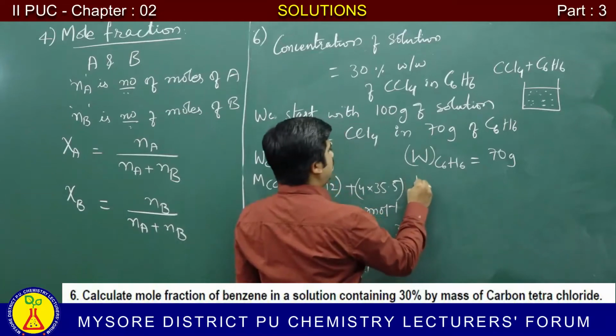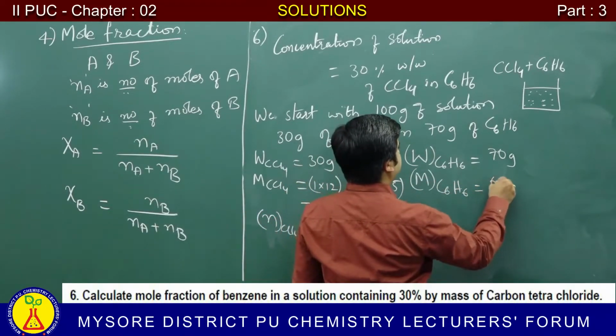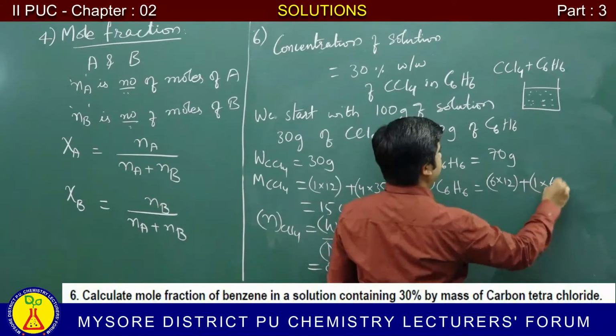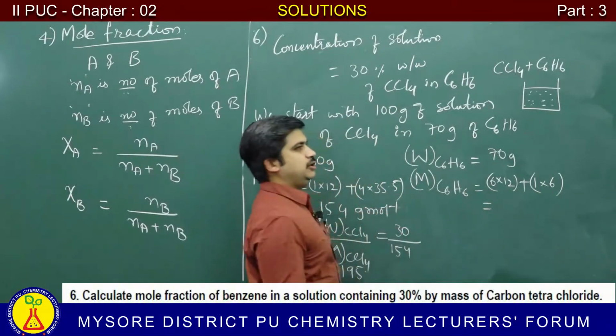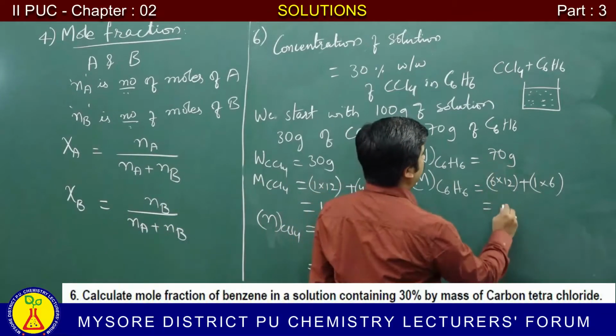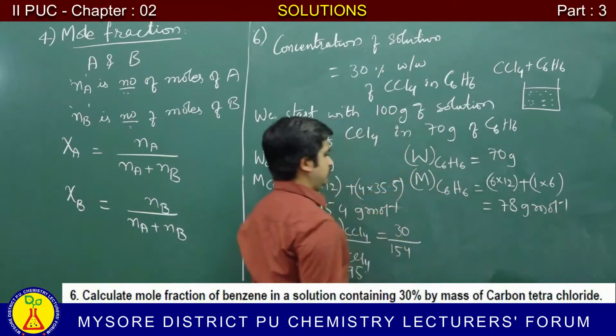Then the molar mass of benzene, how much does it come to? 6 into 12 plus 1 into 6. 12 sixes are 72. 72 plus 6 is 78 gram per mole.